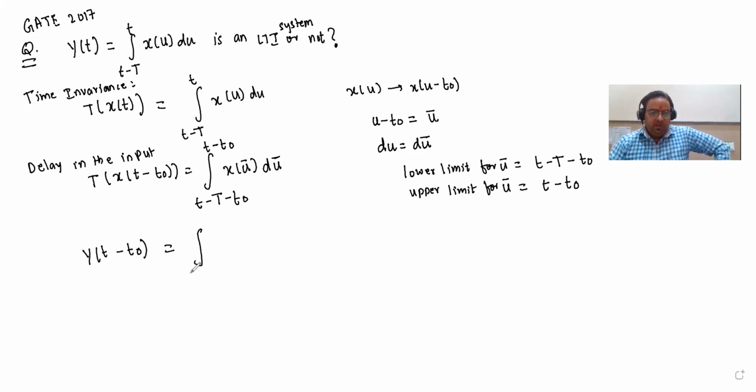So basically, when we have y of t as the integration from t minus capital T to t, we will have y of t minus t naught become the integration from t minus t naught minus T to t minus t naught. Simply this will change in this manner, and we will get x of u du.